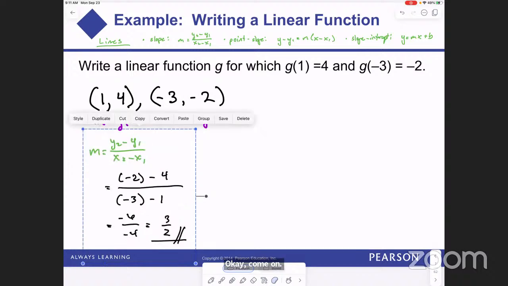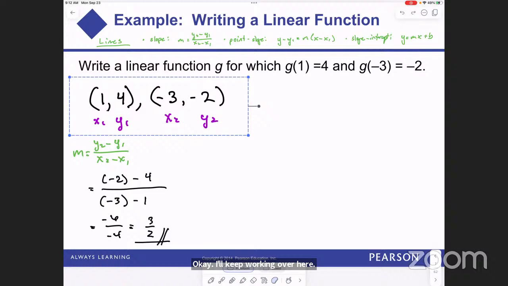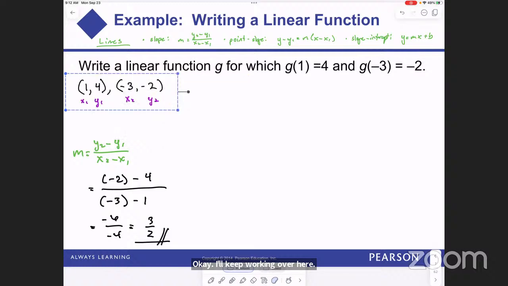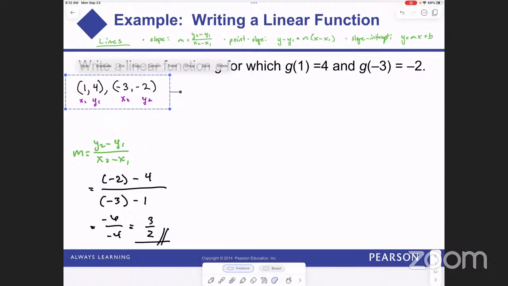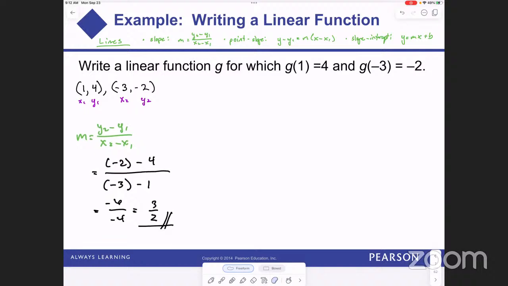Now we got some space. Okay, I'll keep working over here. So again, I'm a fan of my slope intercept y equals mx plus b.